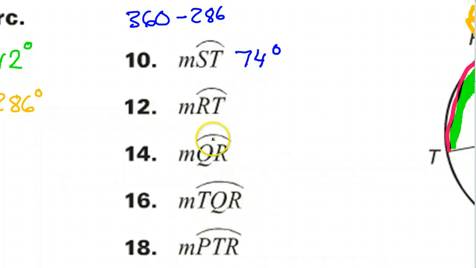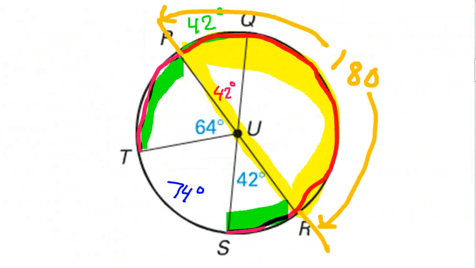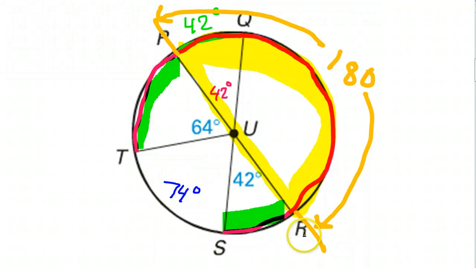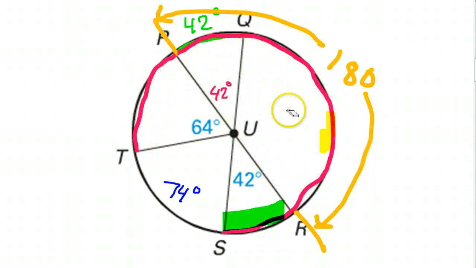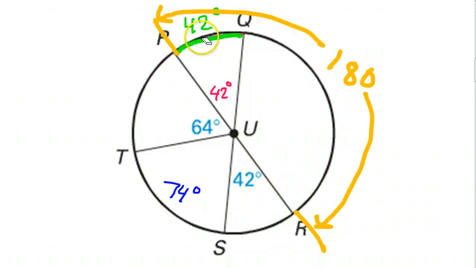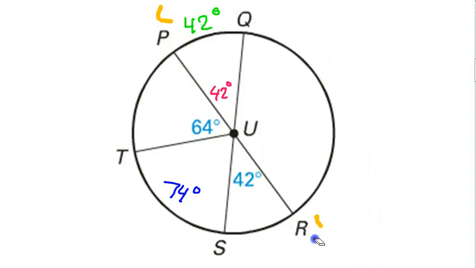Okay, now number 12. The measure of arc RT. Alright, RT. All these colors, let me just take away some of these colors. Obviously this is a semicircle, I don't need this to tell me.